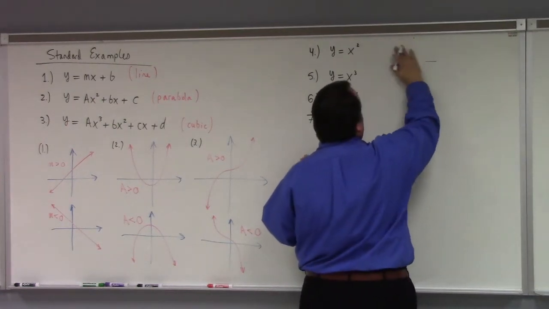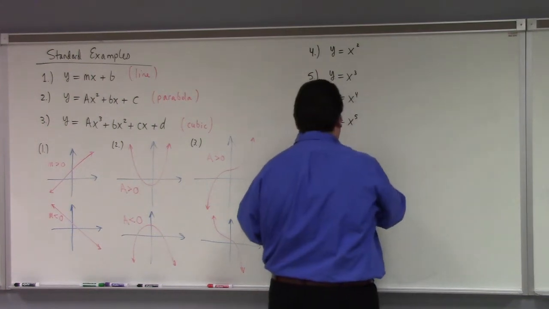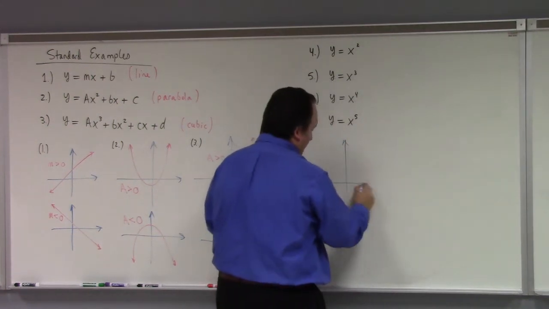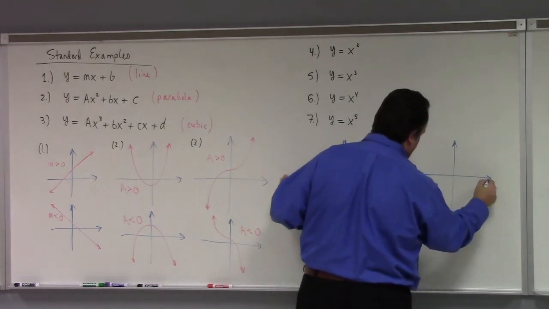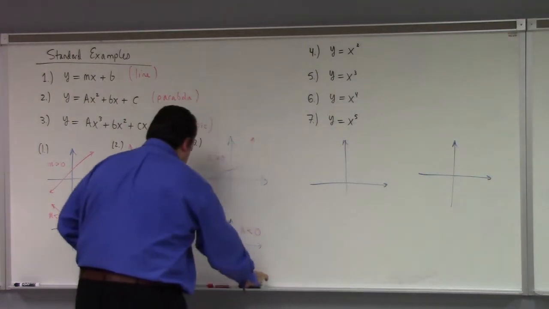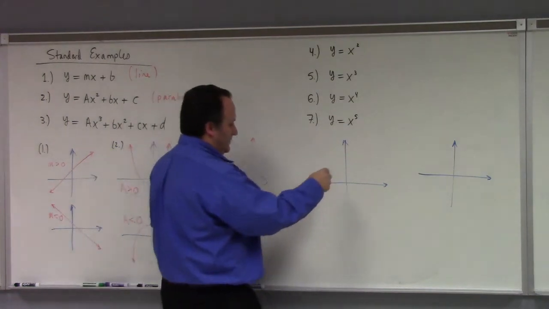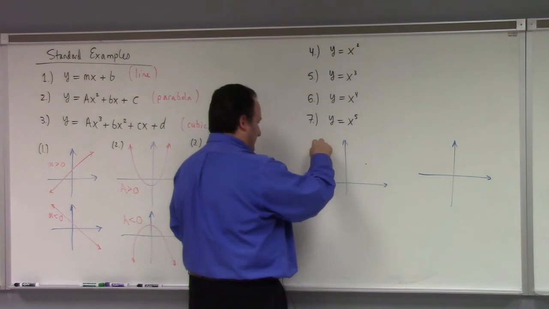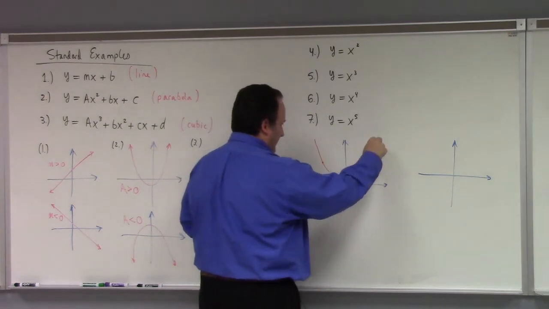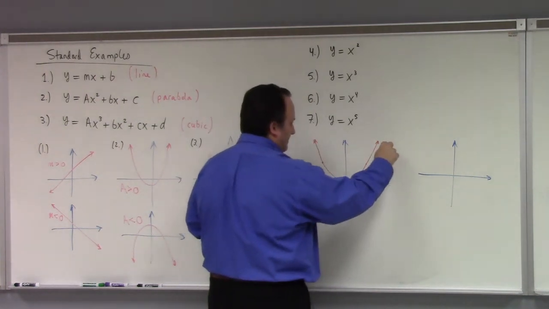Let me do them down here. So y equals x squared, if we want to understand it quickly, it just looks like this, right? Basically, this is y equals x squared.